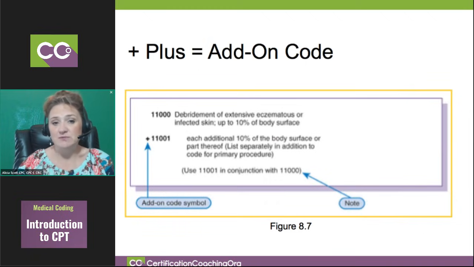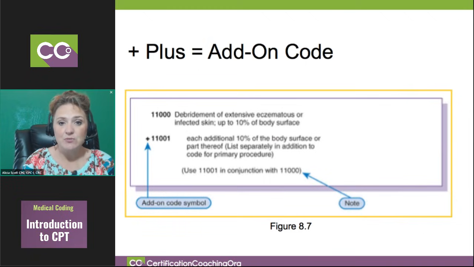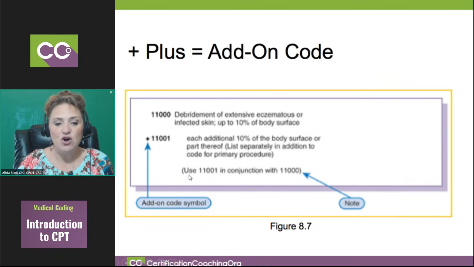Now, that doesn't mean because it's out of sequence, it means that it is only applicable to the code above it. All right. Now, don't freak out, because you'll always have a note here. It may say you can use 11001 in conjunction with 11000 and 11002. Okay.